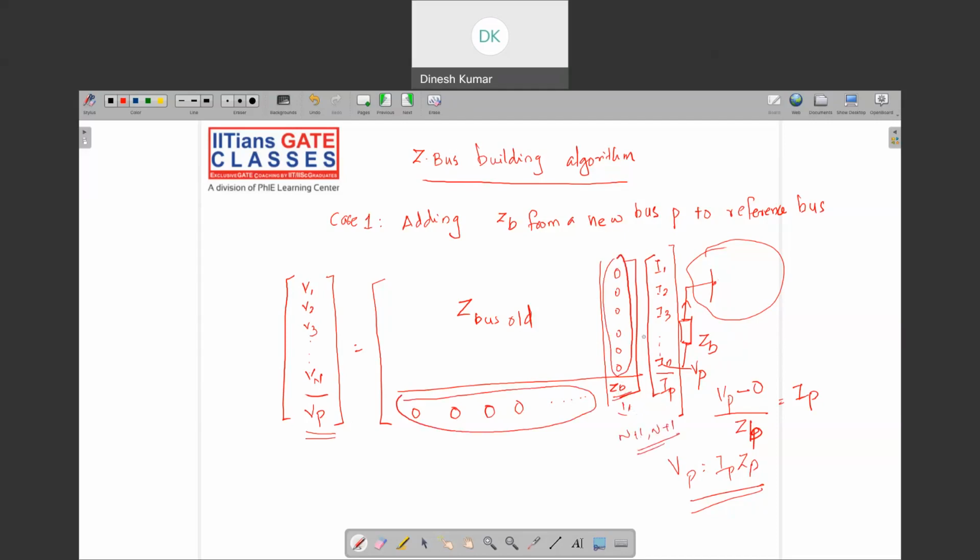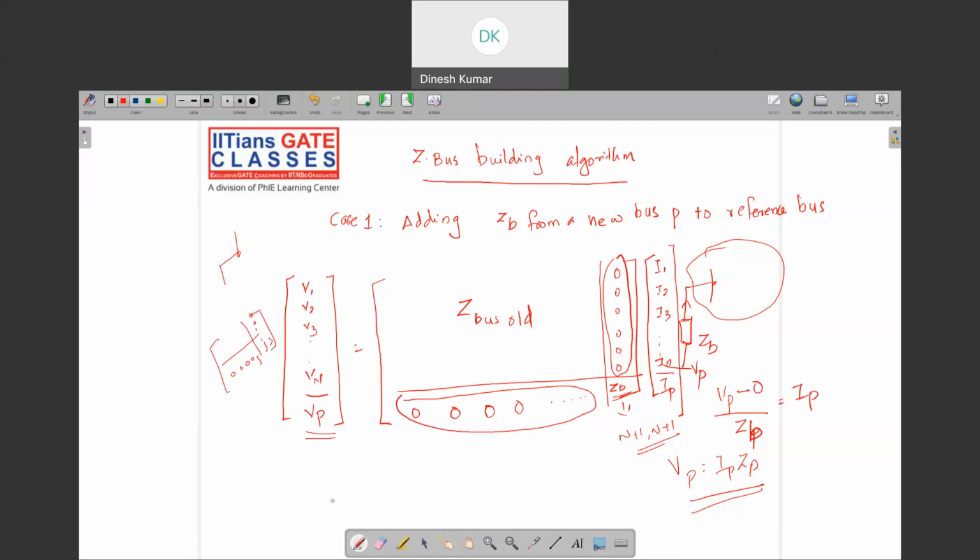This is the new Z bus. It is very simple: assume this is the reference bus and we are adding something here. Keep the old Z bus like this, with zeros in the new row and column. This will be the new Z bus, and this is used for constructing the Z bus.